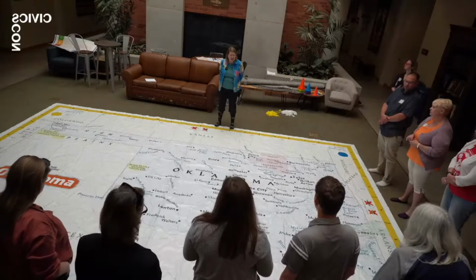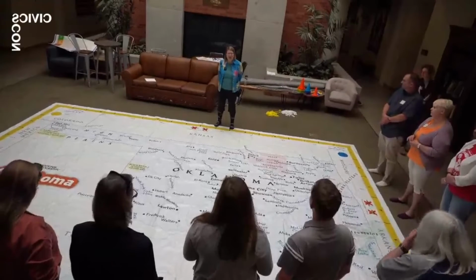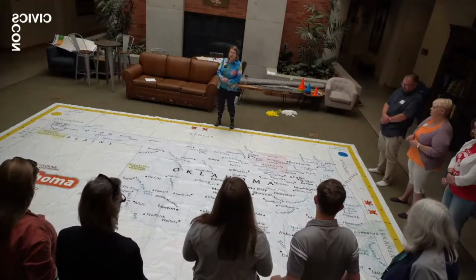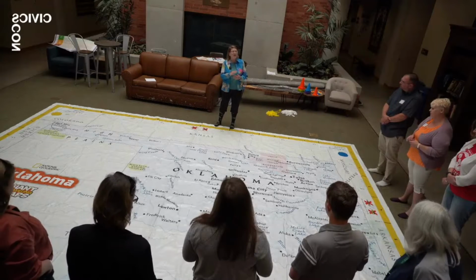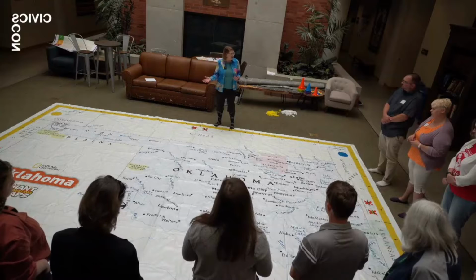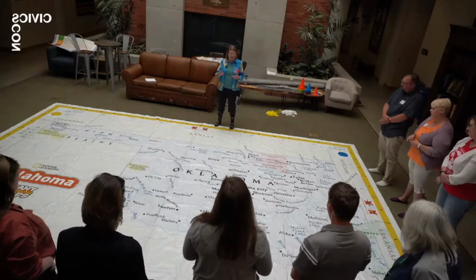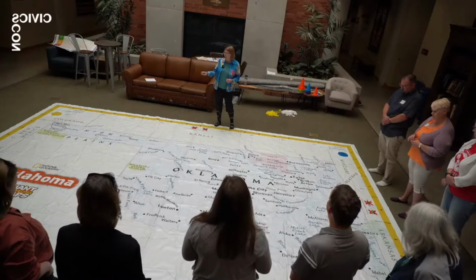So this lesson is based on a lesson that National Geographic created for the giant map of North America. And we were looking at the 10 largest cities in the United States in 1900 and then in 2000. And so instead, we're going to look at the 15 largest cities in Oklahoma in 1900, 1950, and 2020. Okay.